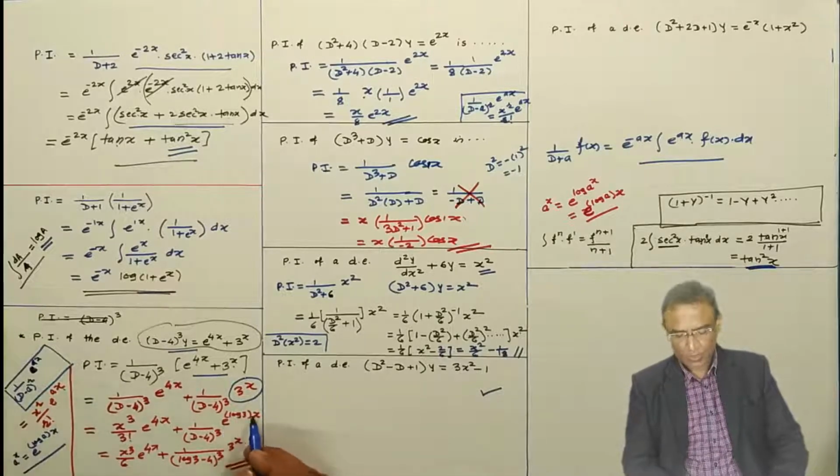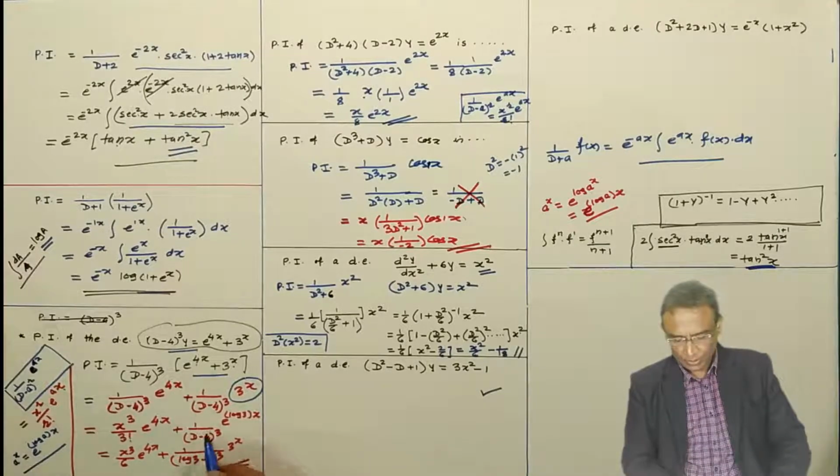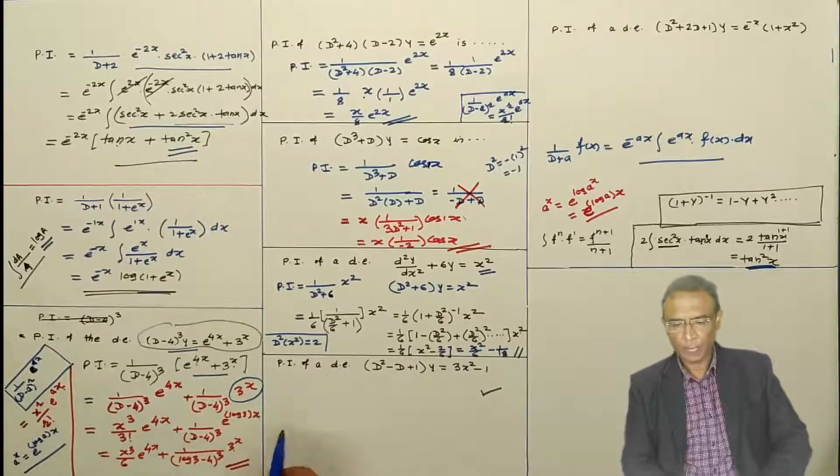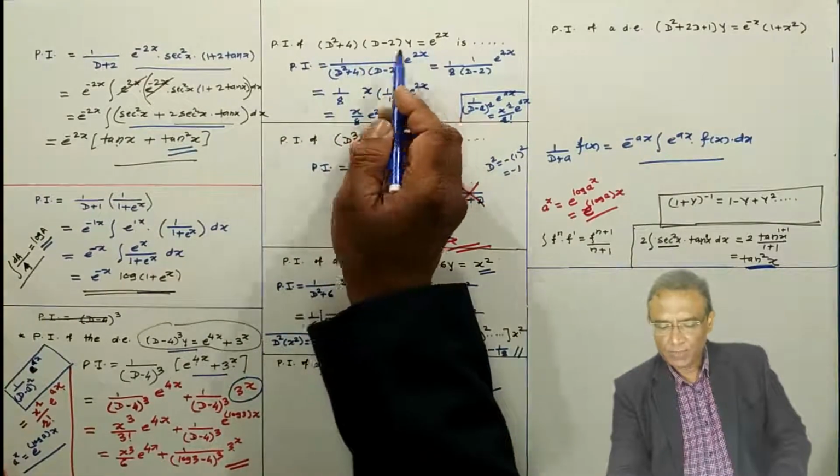The e to the power ax function we have repeated here, in that form. Now operate the operator on e to the power ax, so put D equal to a directly. That's all. Okay. And this you can carry here. These two are the same. Either you write down this term here or this term here. It's the same thing.